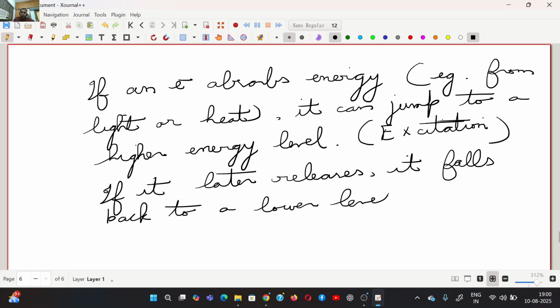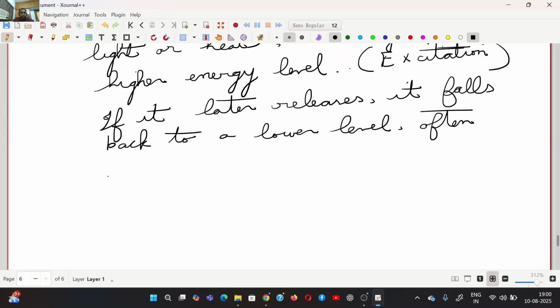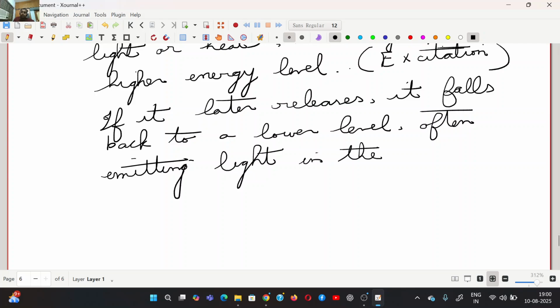When that happens, it emits light in the process. Again, that steps in ladder analogy. I'm not repeating on that, okay?